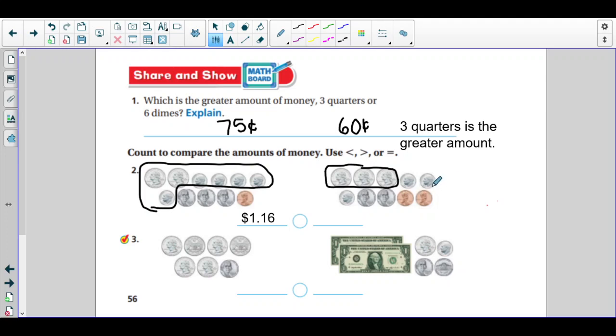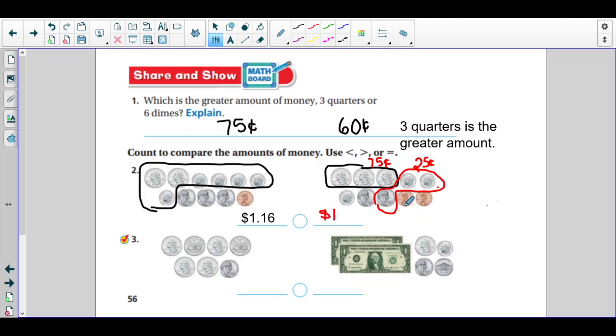I'm going to take these 2 dimes right here and this nickel. All right. And so here is my 75 cents along with 2 dimes and a nickel. So 10, 20, that's another 25 cents. And together that makes $1.